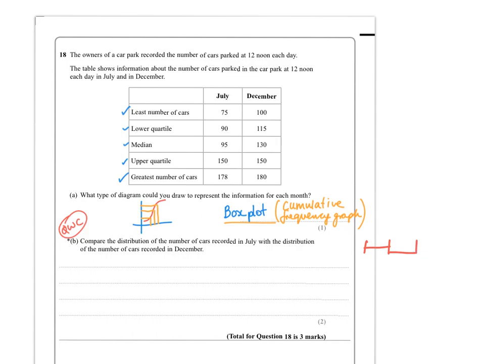Sometimes you've got a box plot like so, and then another one, and you have to compare them. Then you generally compare the 50% of the data, because this is the first 25%, and that's the 75% mark. This is the 100% mark. This is 0%. So you usually compare the spread, it's called.